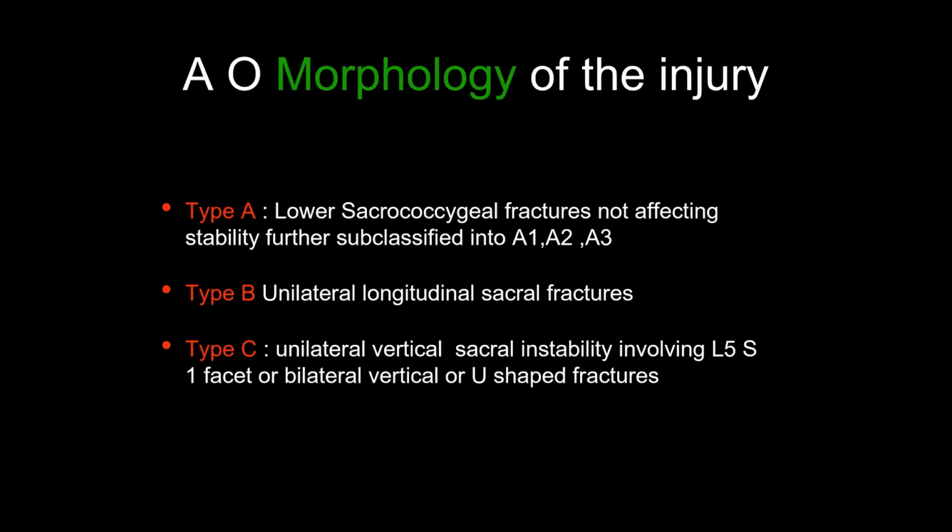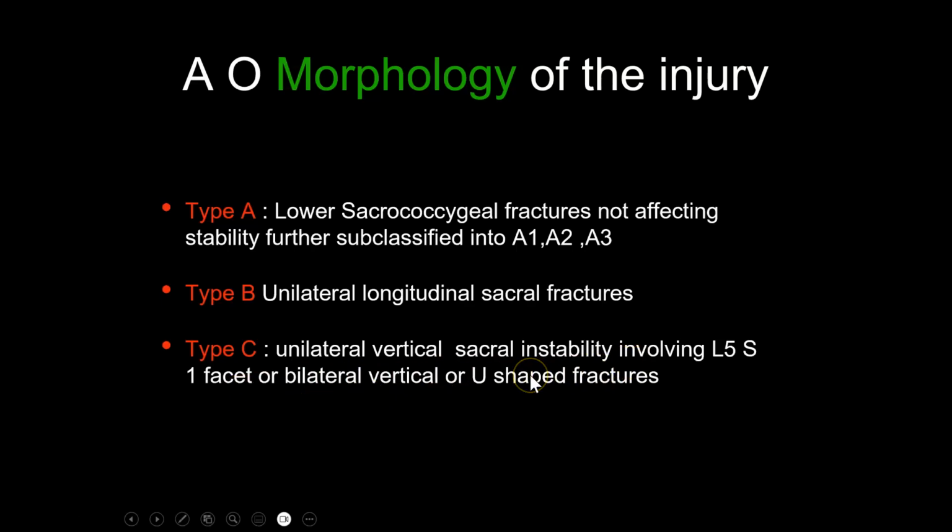About the morphology, we have classified into type A, type B, and type C. Type A is lower sacrococcygeal fractures in the lower part of the sacrum, and it is not affecting stability, but they are further classified into A1, A2, and A3. Type B, unilateral longitudinal sacral fractures, and type C, unilateral vertical sacral instability involving the L5-S1 facet, or bilateral or U-shape.